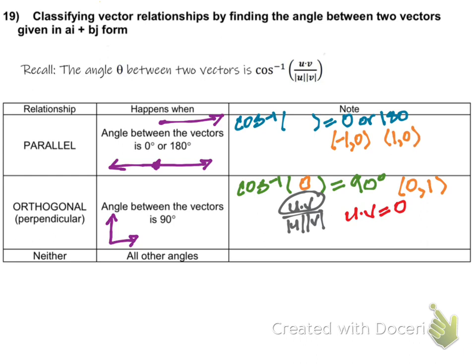So we would need this to be a positive or a negative 1 to be able to do the inverse cosine and get either 0 or 180. So you would need the whole thing, u dot v over the magnitude of u times the magnitude of v, to be plus or minus 1. And clearly that's going to be pretty rare, right? As will the 0. But you can see that it would be pretty hard to make all of that be a 1. Everything else is just the angle between them, okay?